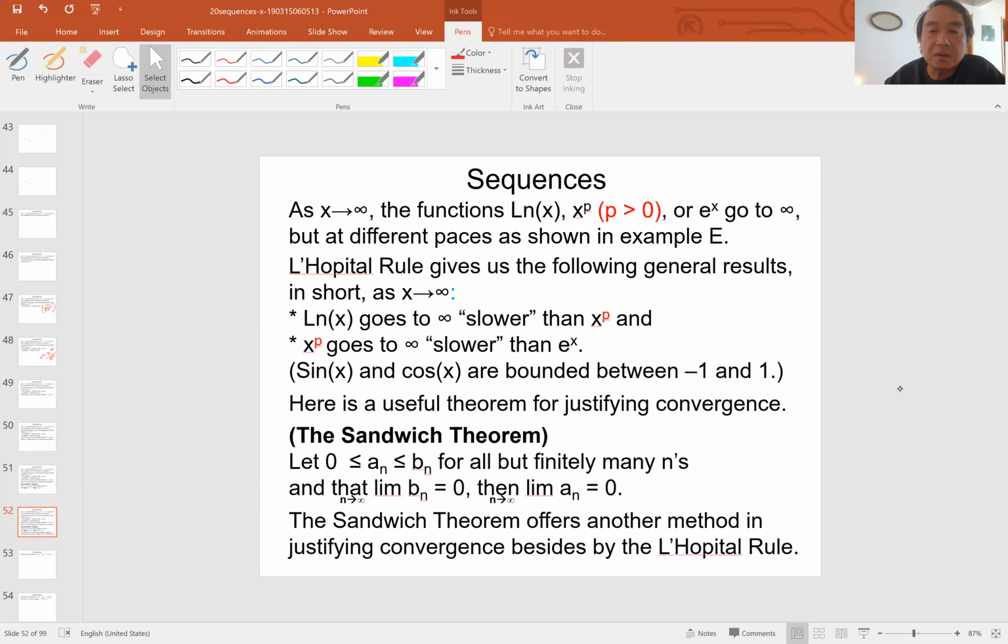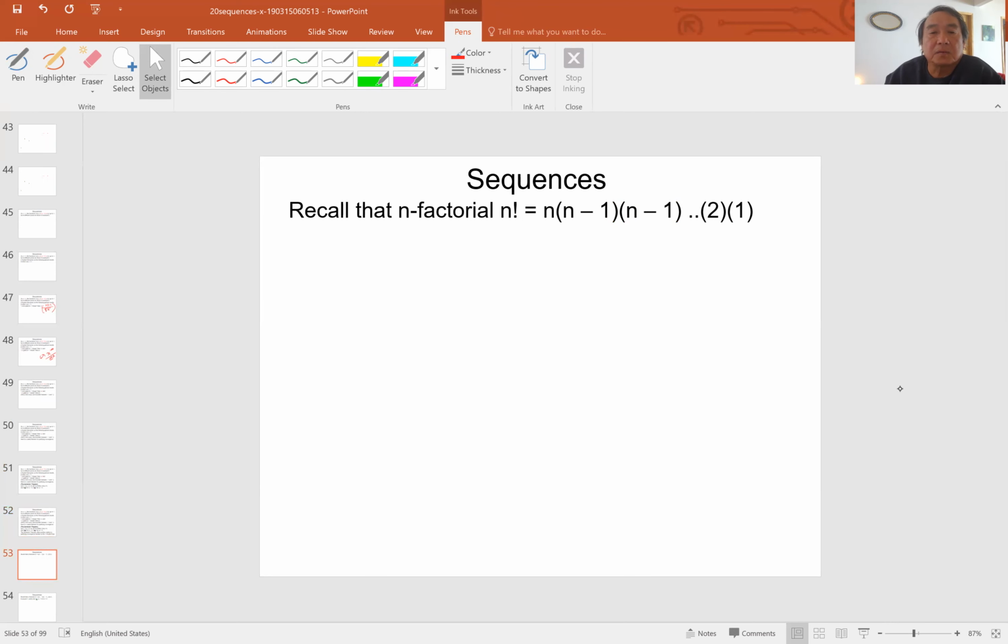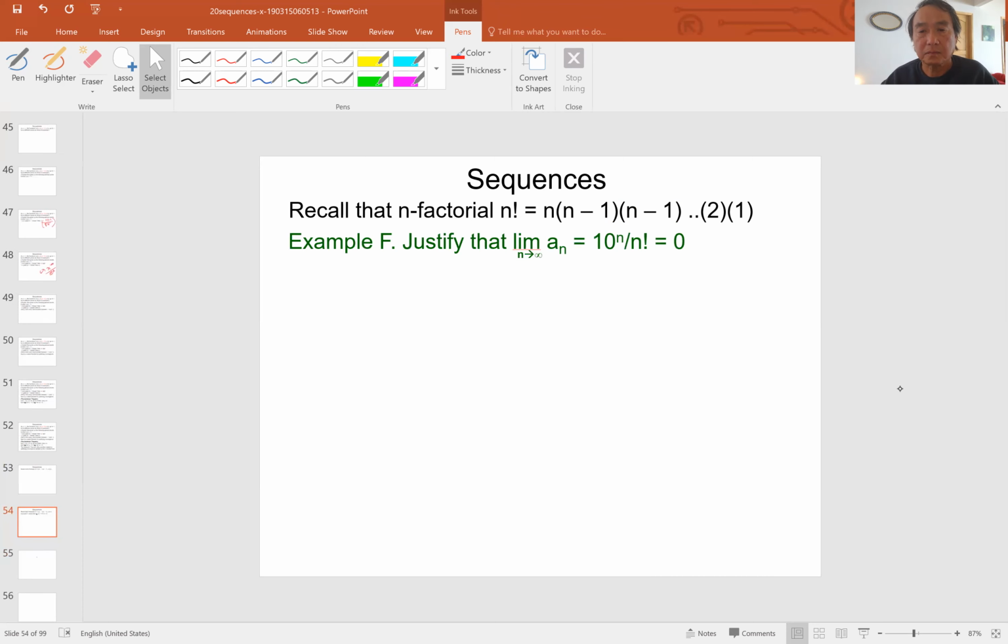Where do we use this? For example, in particular, we use it to examine things like factorial, if we have this in the formulas for the sequence. How so? Because I cannot use L'Hopital on these, so I have to approach this differently when I compare these expressions with something we're used to, like 10 to the n.